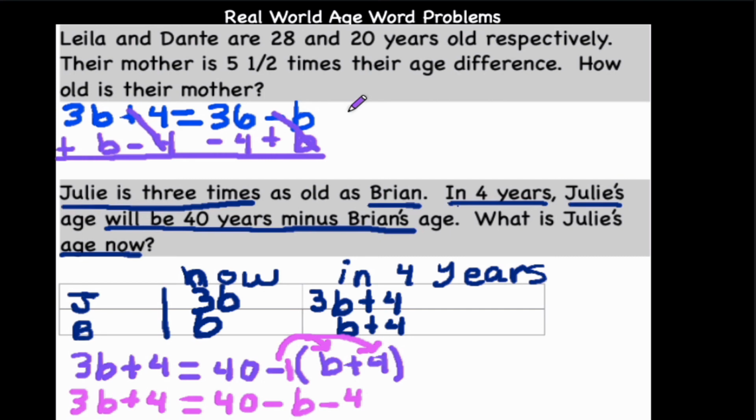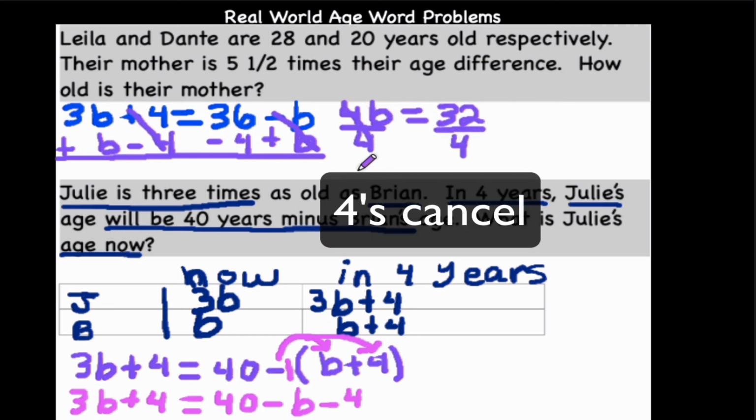And then we have 3b plus b, which is simply 4b, equals 36 minus 4 is equal to 32. So we are going to get b alone by dividing by 4 on both sides. B's cancel. So b equals 8.